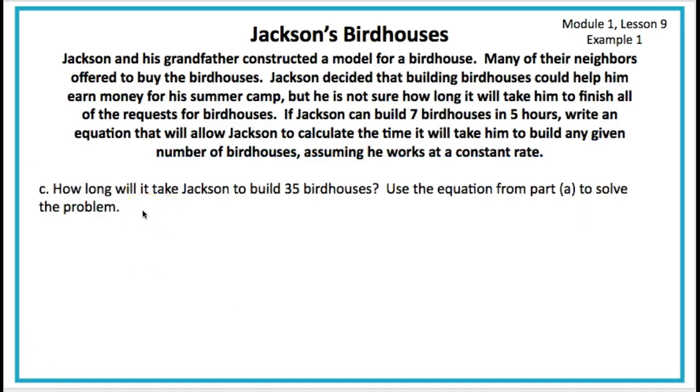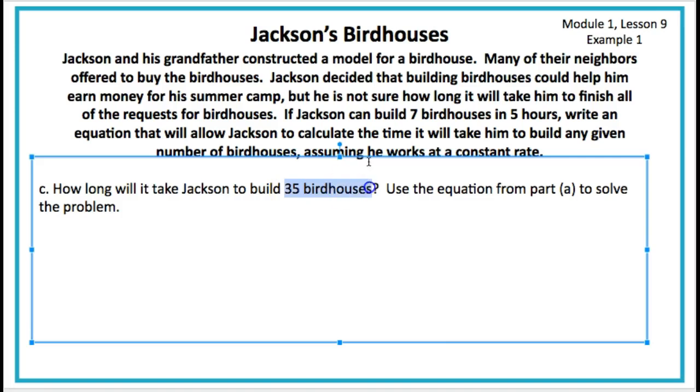Now let's look at part C of example number 1. How long will it take Jackson to build 35 birdhouses? Use the equation from part A to solve the problem. So we know we're looking for 35 birdhouses. We'll underline that information. And let's use our equation. H equals 5/7 times b. We know b is equal to 35.